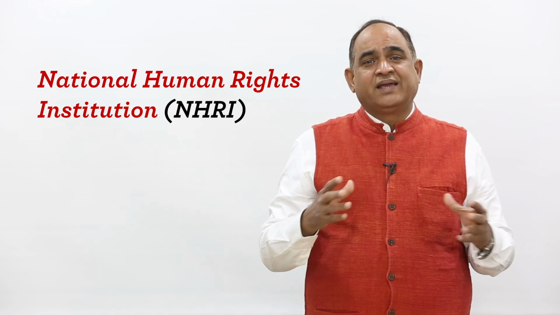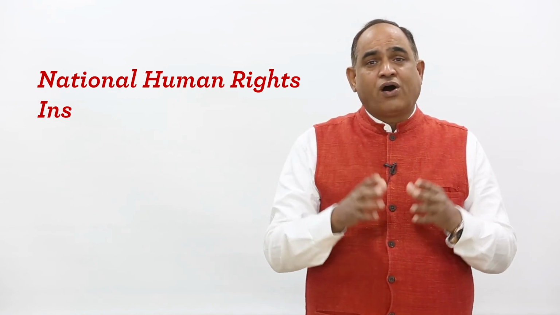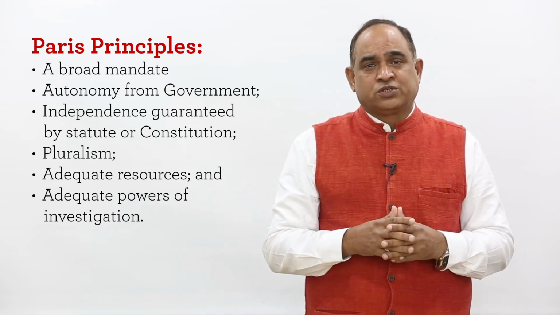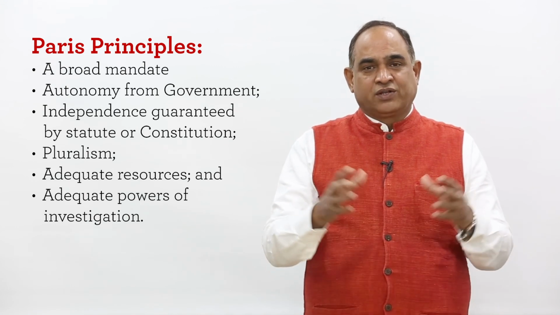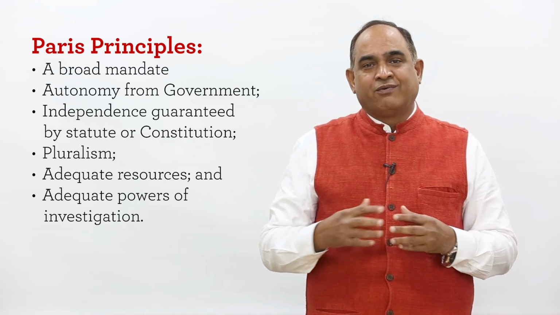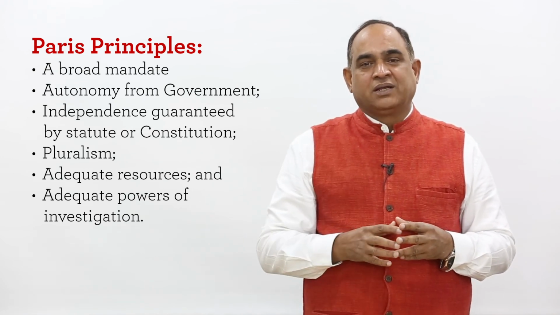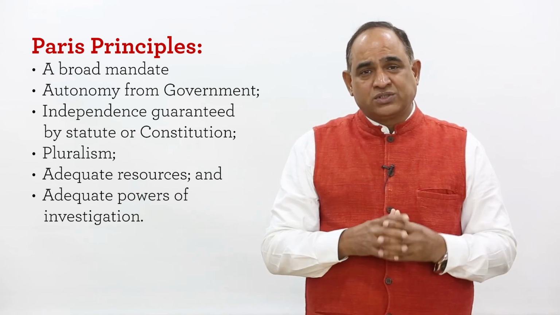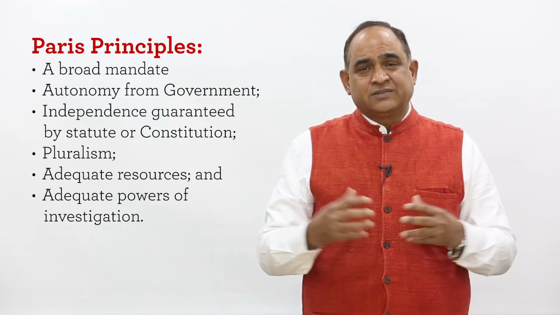Non-governmental organizations and civil society hold that NCPCR, by its very character, is like a national human rights institution, and they therefore argue that it should conform to the Paris Principles, which, as you have seen in the earlier modules, talk about a wide mandate for the Commission, pluralism, autonomy from government, independence for effective functioning, and adequate resources and investigative machinery. These Paris Principles are quite critical for the functioning of any national human rights institution, including the NHRC, and also the National Commission for Protection of Child Rights.